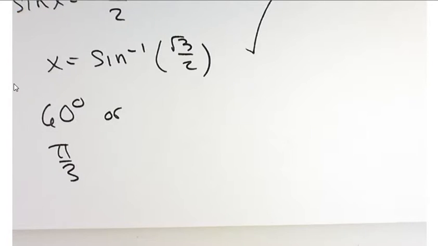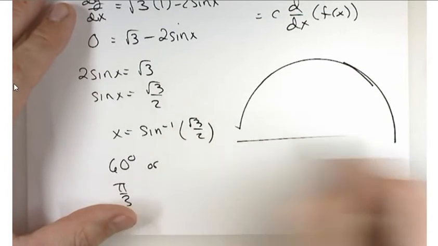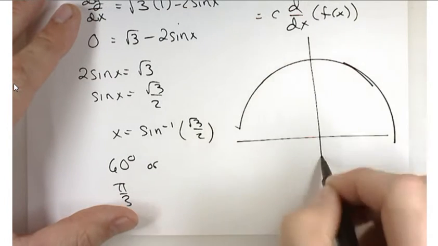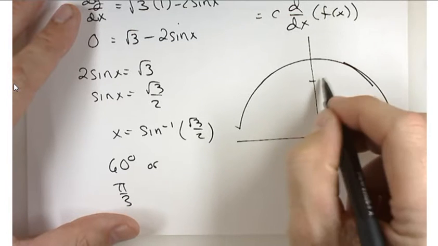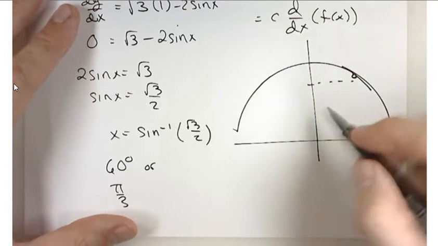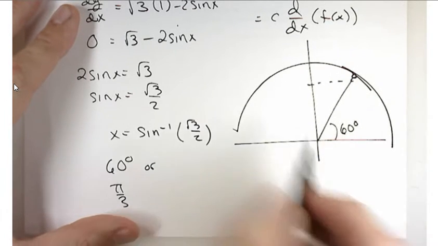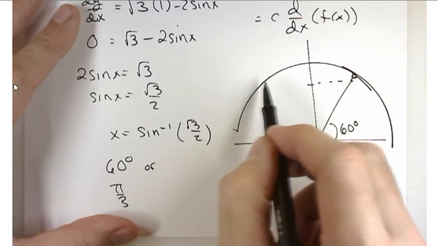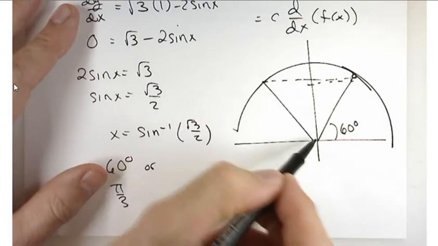Okay, so zoom out a little bit. Sine is your y coordinate on the unit circle. So square root of 3 over 2 gave me a y coordinate up here at 60 degrees. But there's another one. This guy has a twin on the other side of the unit circle over here.